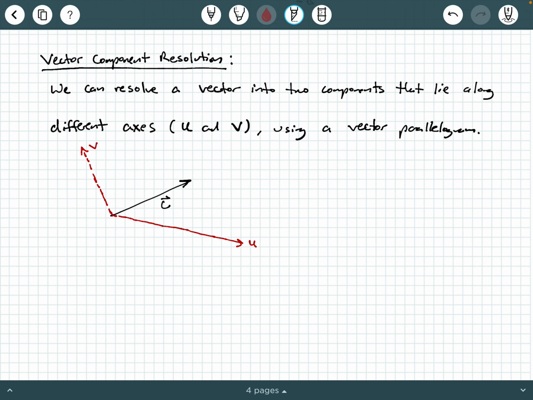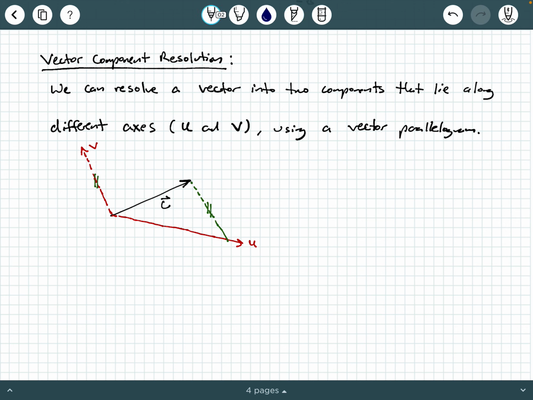Okay, so how would I do this? Well, I would use this concept of a parallelogram. Okay, I'll take this V axis and I'm going to draw a line parallel to the V axis over here at the head of my given vector. Okay, so this axis is parallel to the V axis. Okay, and then I'm going to do something similar with the U axis. Okay, I'm going to draw a line parallel to the U axis popping off the head of my given vector.